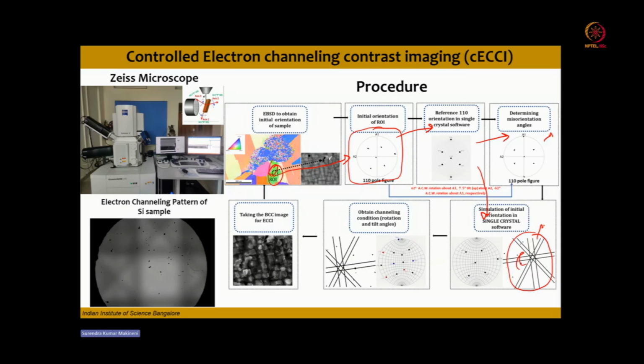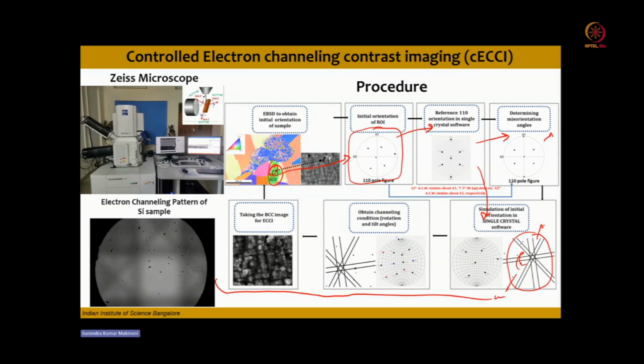Once these x and z values are recorded for the two beam condition, those angles can again be used for the sample stage Z movement and sample stage X movement. So you are reorienting your grain to the two beam condition. If you reorient it in the two beam condition, you are channeling that particular diffracted beam.